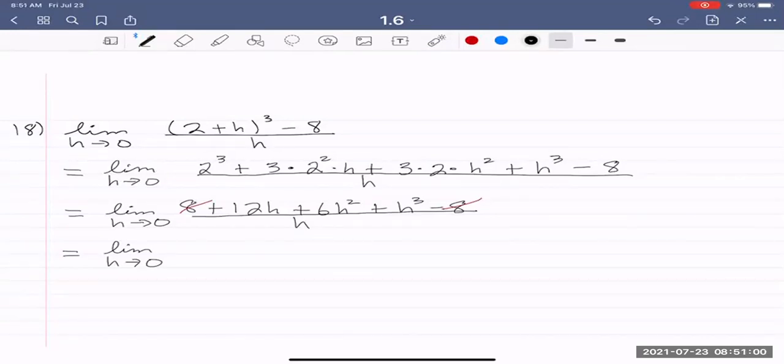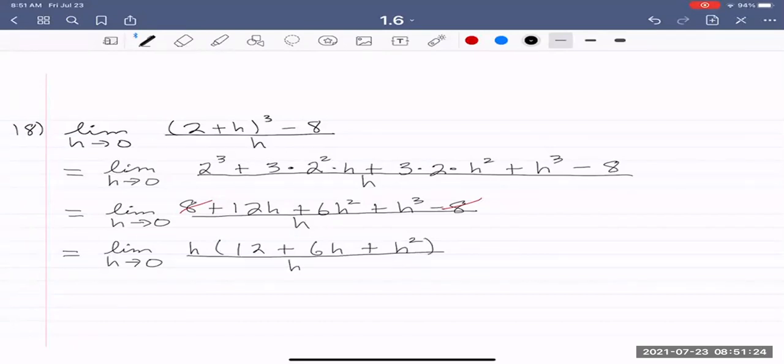So this is equal to 12h plus 6h squared plus h cubed. Each of these has a common factor of h, so let me factor that out. So h times 12 plus 6h plus h squared, all divided by h.